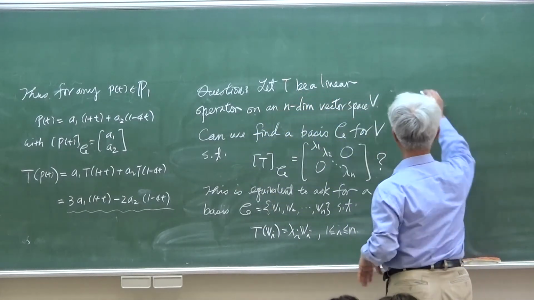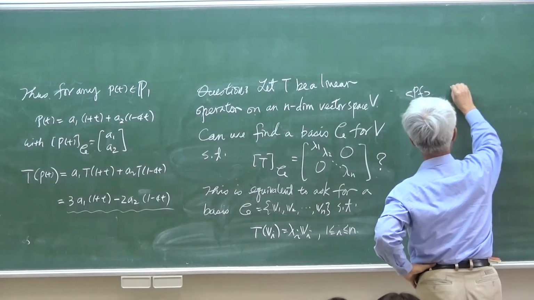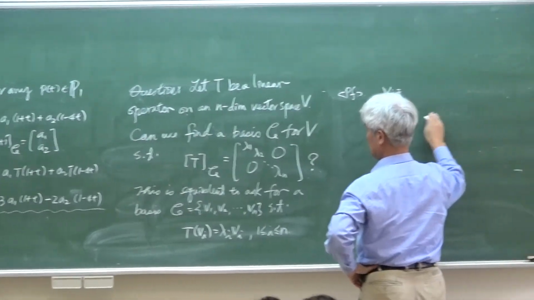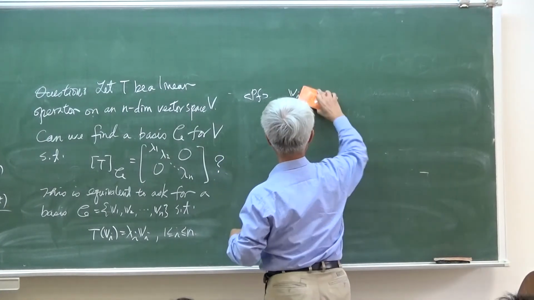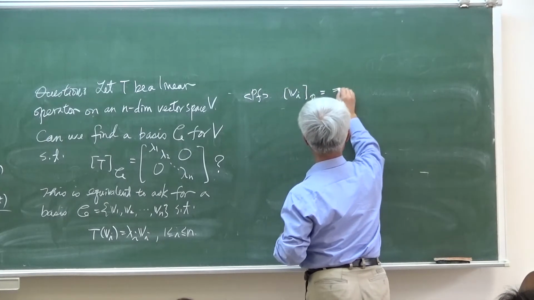What is vi? vi is the coordinate vector.